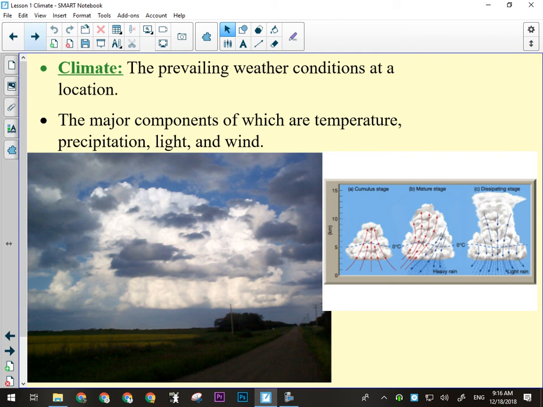So if we're describing the climate of Okotoks, we could say that Okotoks has temperature that varies significantly due to its seasons, right? The temperatures can range anywhere from -35 to +35, depending on what part of the year we're in. Rain or precipitation can come in many forms.